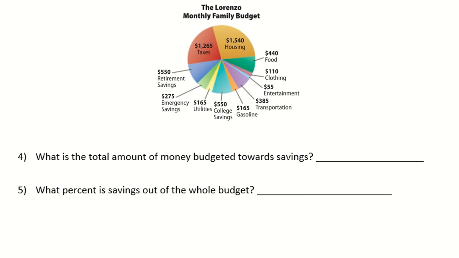Let's do the next couple of questions. What is the total amount of money budgeted towards savings? So they want us to just pick out all the savings here. There's three types of savings in the budget.